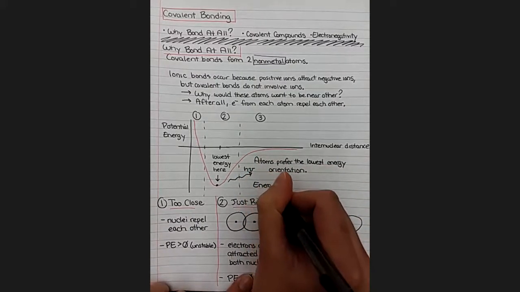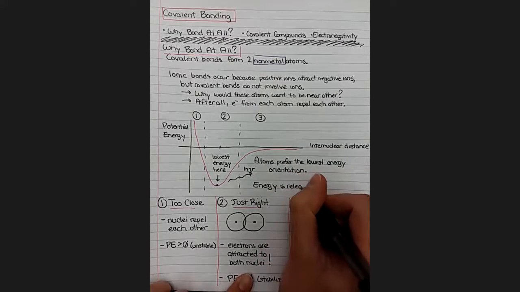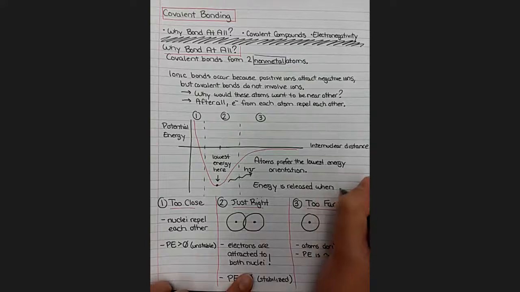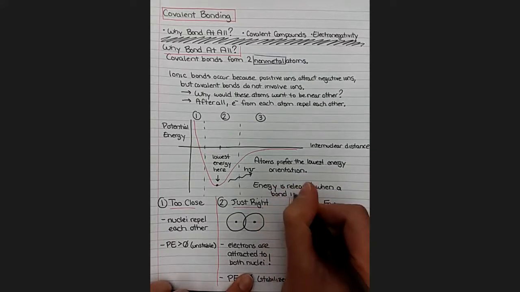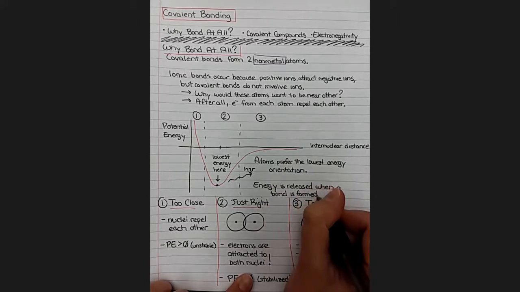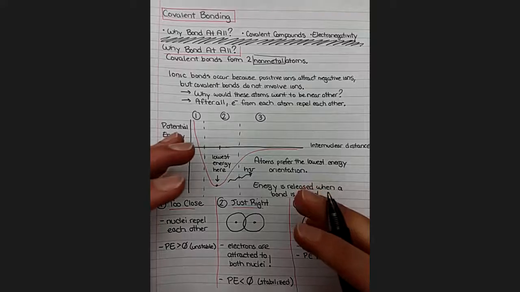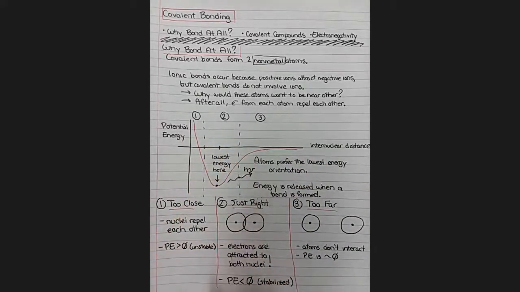And that is another important facet of chemistry, is energy is released when a bond is formed. You can think of this as taking two magnets and bringing them closer and closer together to each other. When they're close enough to make that bond or to attract each other, they jump together and you're barely able to hold them back.